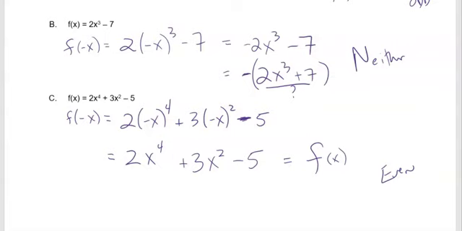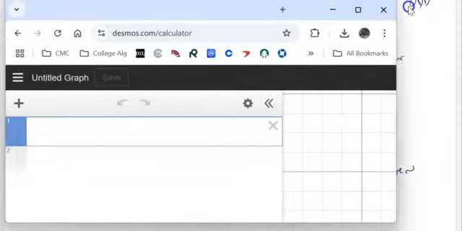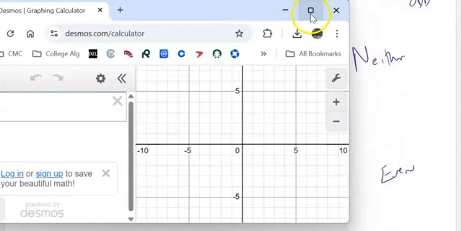Let's see if I can look at these functions in Desmos real quick. All right, so let me look at the calculator because it's easy to see on the graph, right? So if I graph that last function, see if I can determine by graphing that it's an even function. So that's 2x to the fourth plus 3x squared minus 5. Let me bring in Desmos here.